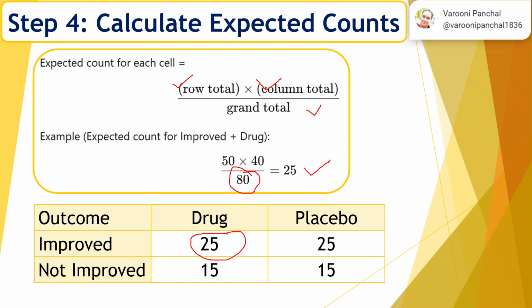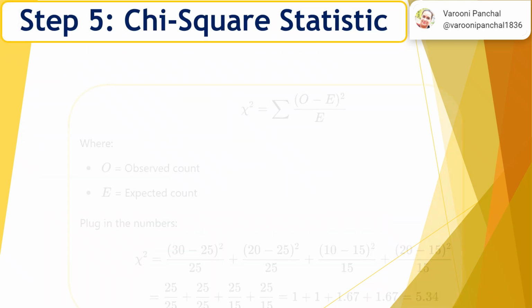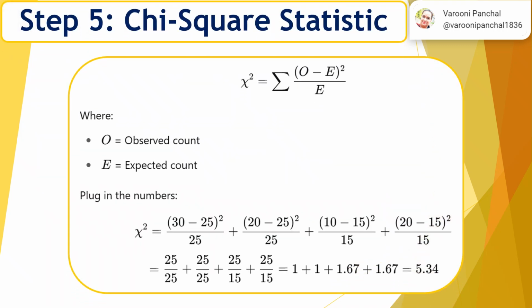This is the table that you have to prepare manually if you are interested in calculating the chi-square test. Step 5, chi-square statistic. The chi-square statistic is the summation of observed counts minus expected counts, squared, divided by the expected counts.